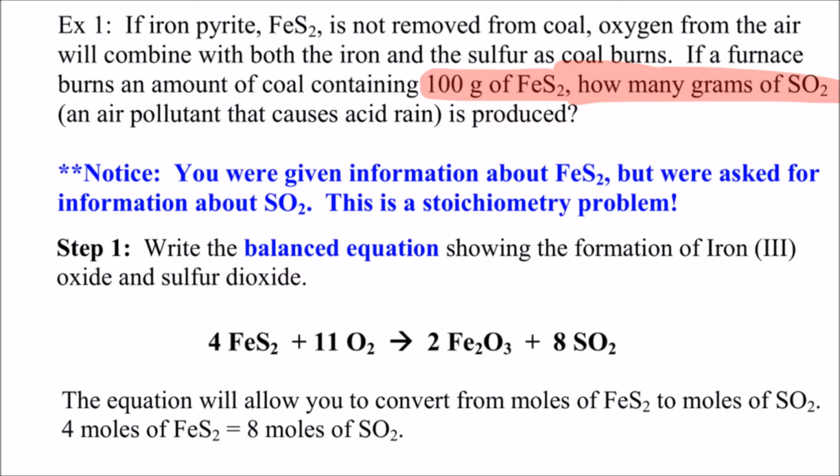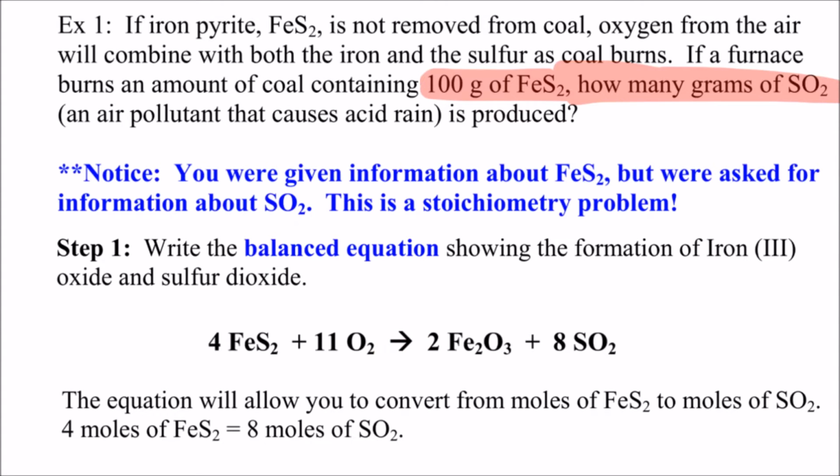Alright, now these balancing coefficients here I told you are the molar values of the substances behind them. Okay, so what that means is that we can use this as a conversion factor. Remember back when I taught you the algebra method, I told you that this arrow here kind of represents an equal sign, right?